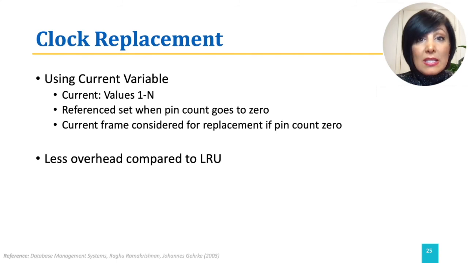If pin count is not 0, the page is not a candidate for replacement. If pin count is 0 and reference is set, clock replacement only unsets the referenced bit. If pin count is 0 and reference bit is unset, clock replacement chooses the frame as a candidate for replacement.